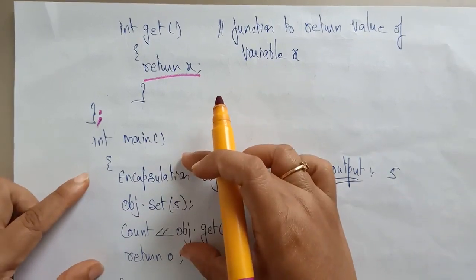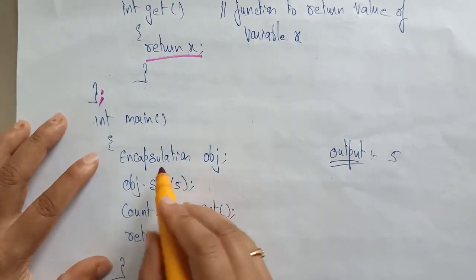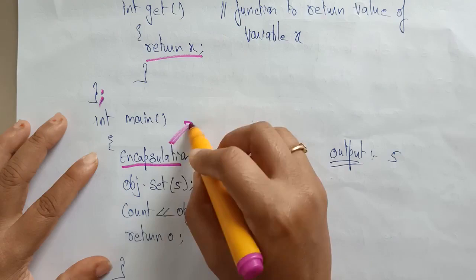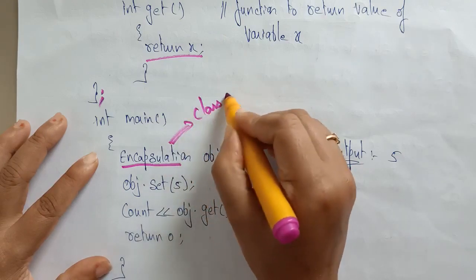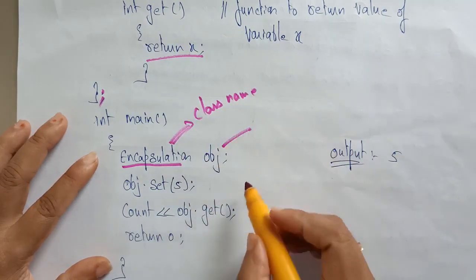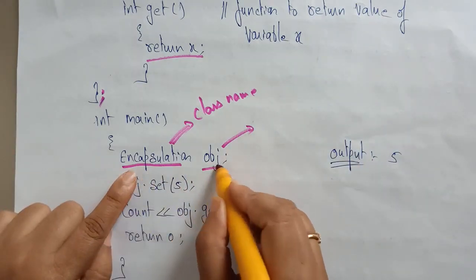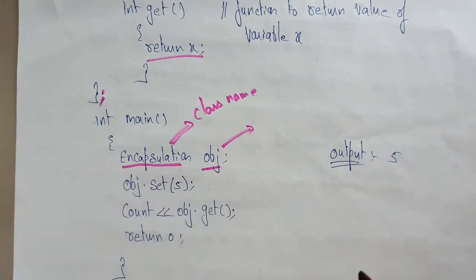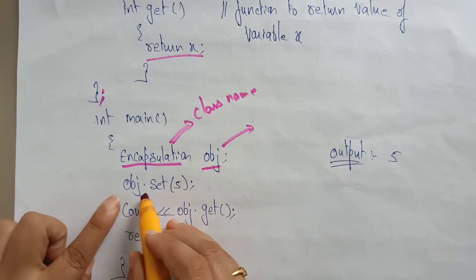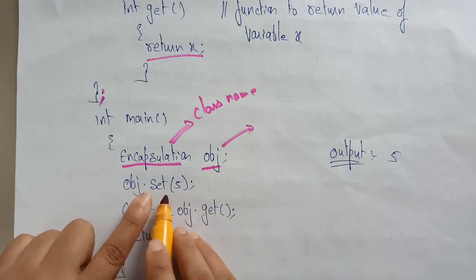Now I'm taking my main program. In the main program, Encapsulation is the class name, and the class is going to create one object. If you want, you can create more objects. I created one object, and that object can set the value: object dot set.